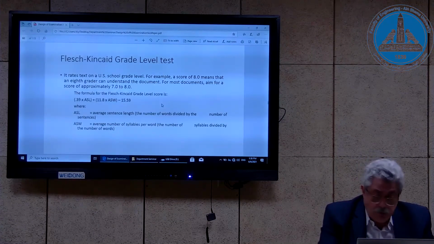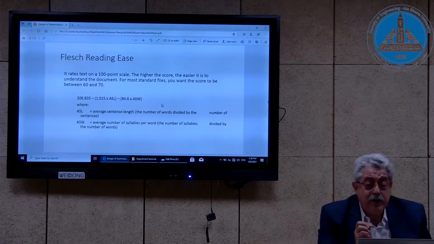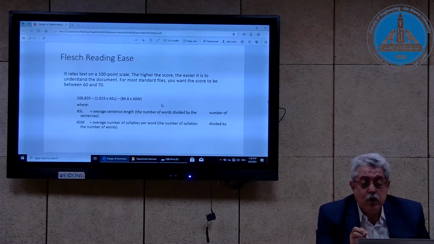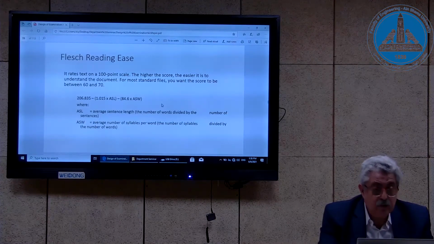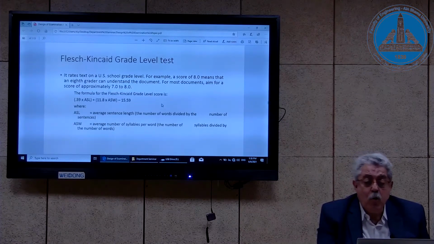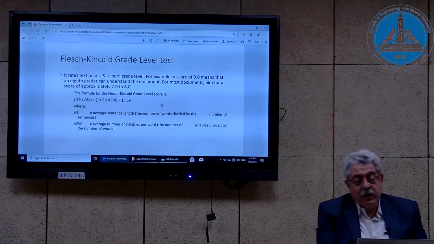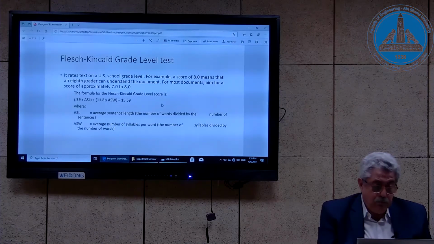But I want you to notice here that for Flesch reading ease, you want the score to be between 60 and 70. But in the Flesch-Kincaid grade level, for most documents you want to score approximately 7 to 8. One of them is in percent and one of them is in grade level.